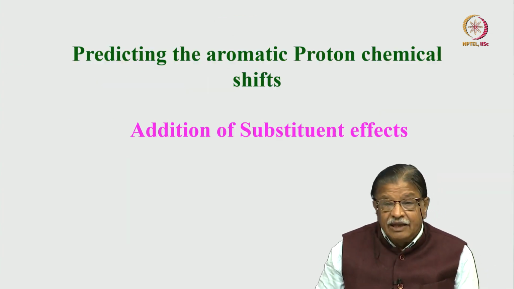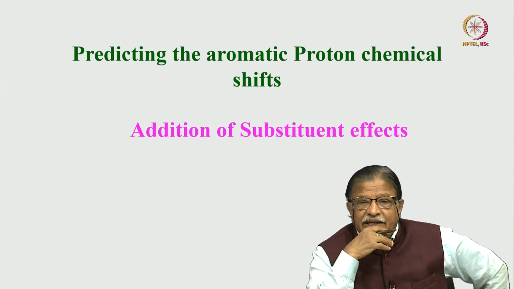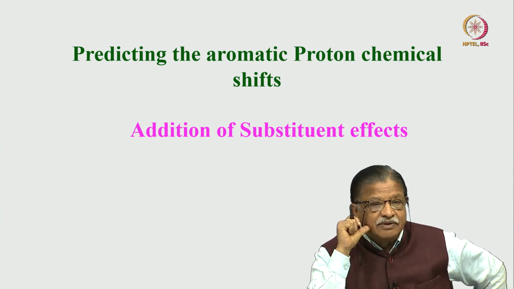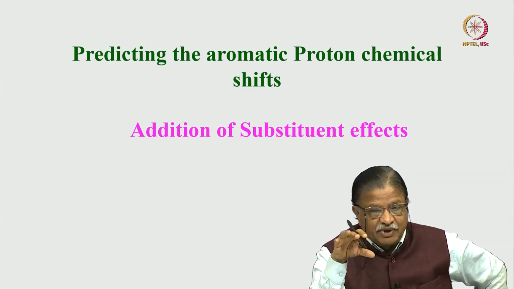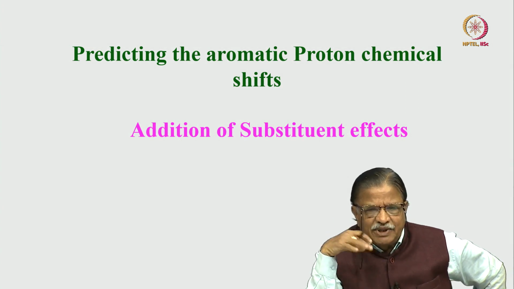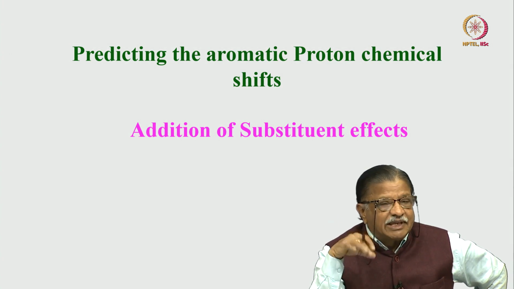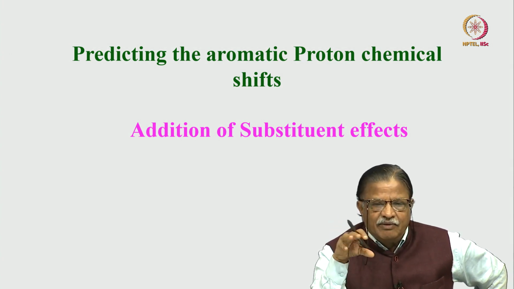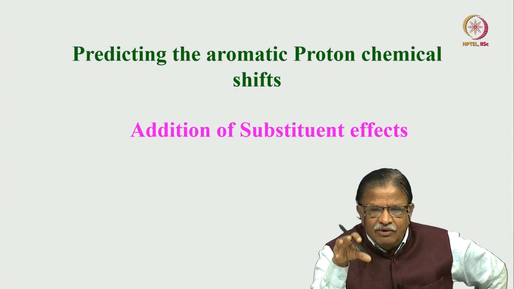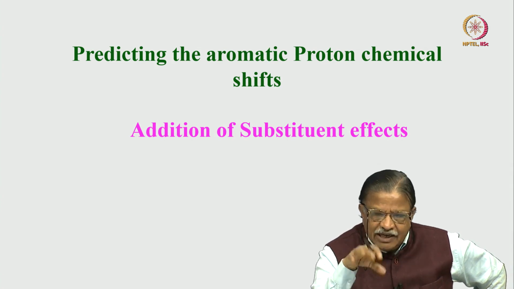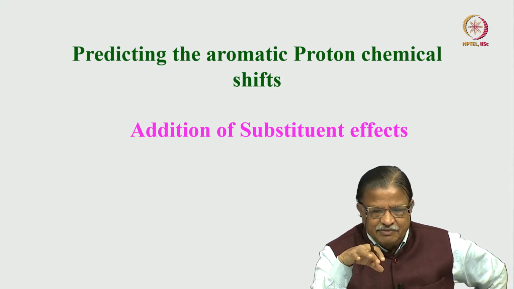Okay. There is also a way we can predict the aromatic proton chemical shifts, especially if you know what the substituent is. This has been worked out over the years by many stalwarts in the area. All the information has been tabulated. If in a given molecule there is a particular substitution, how this will affect the chemical shift of the neighboring protons has been tabulated.